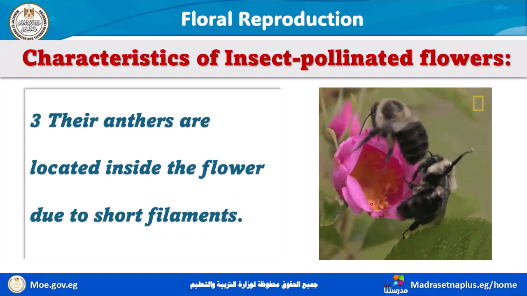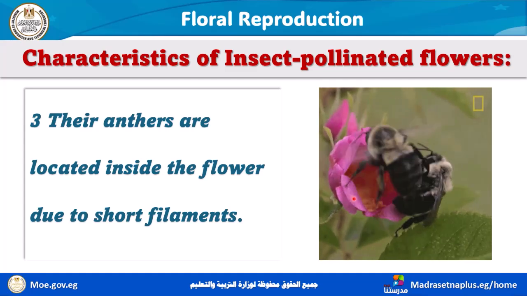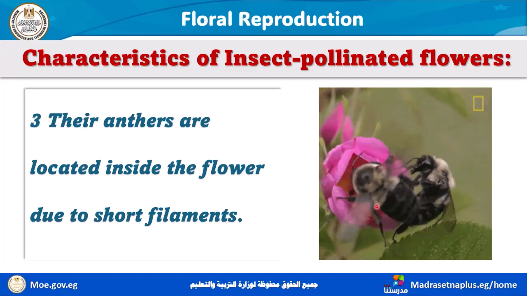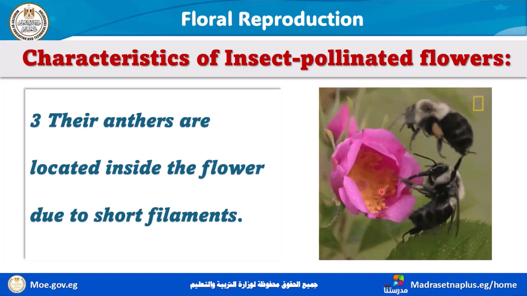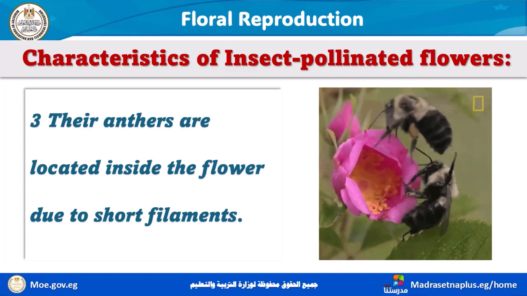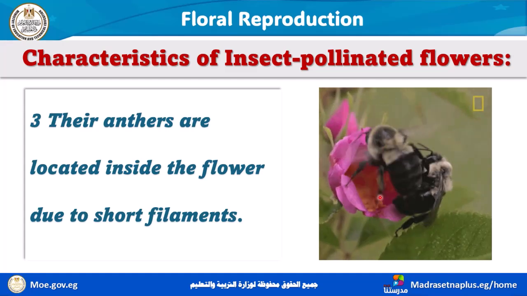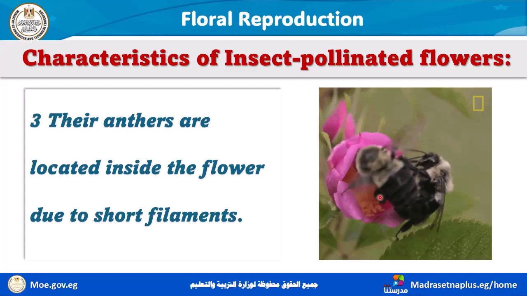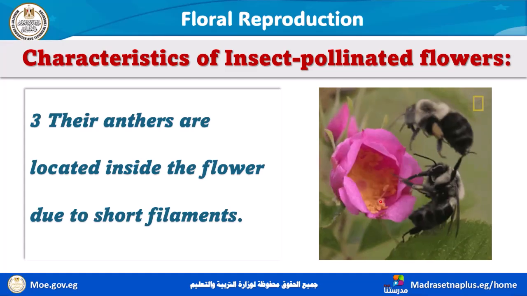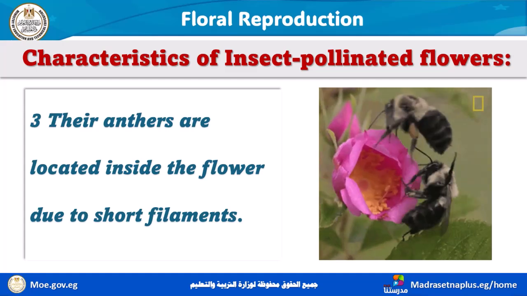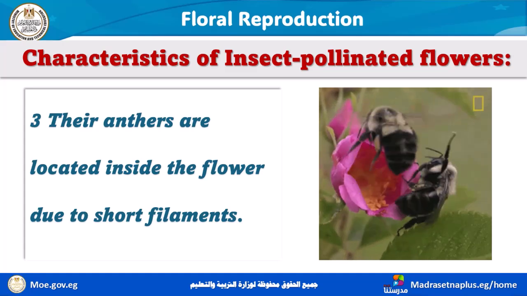You can see here how the anthers exist inside the flower because of the short filament, and the bee goes into the flower to absorb the nectar, and this allows the bee to transfer the pollen grain from this flower to another flower.